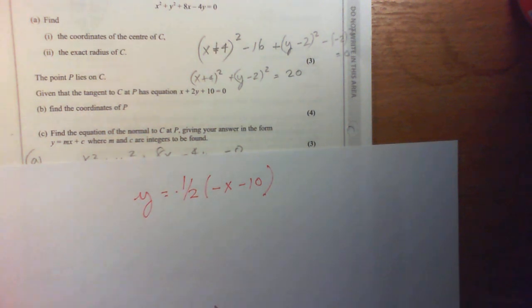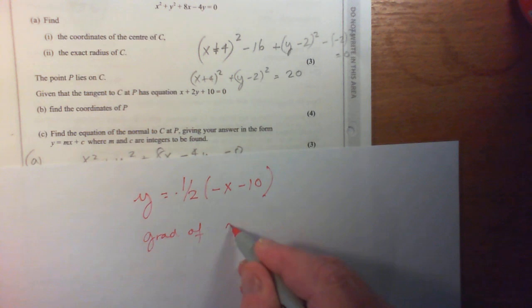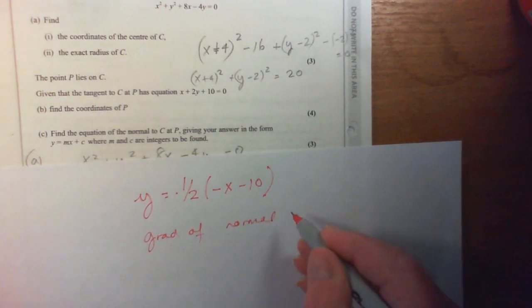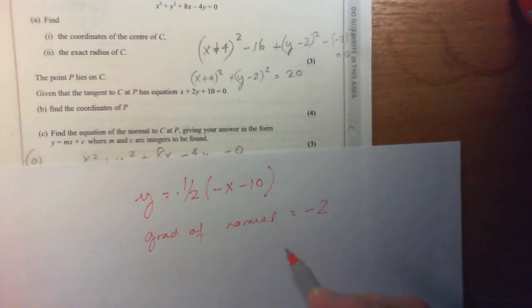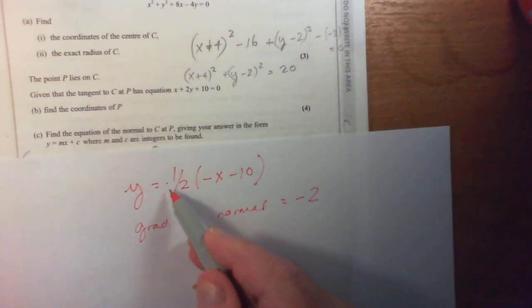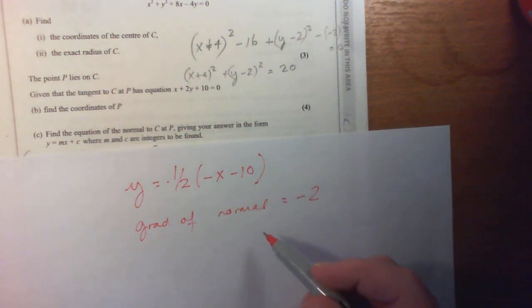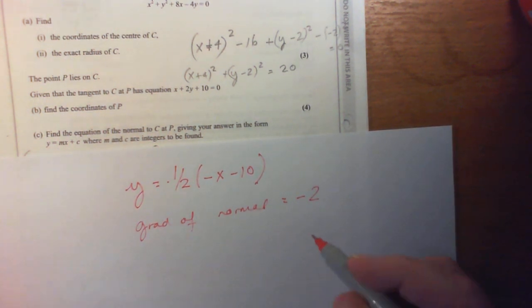The gradient of the normal again, the way I would write it down is gradient of normal equals minus 2. Okay, that's just an error there, I've made a mark with a pen.